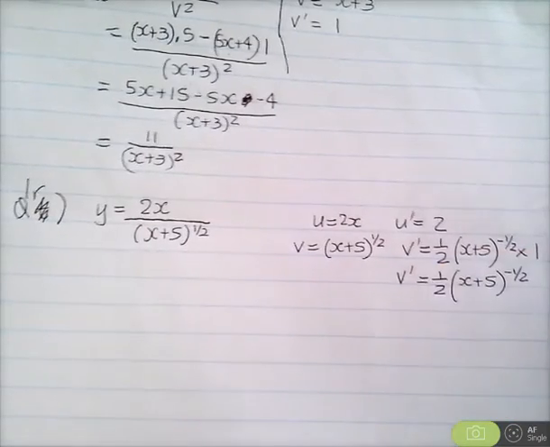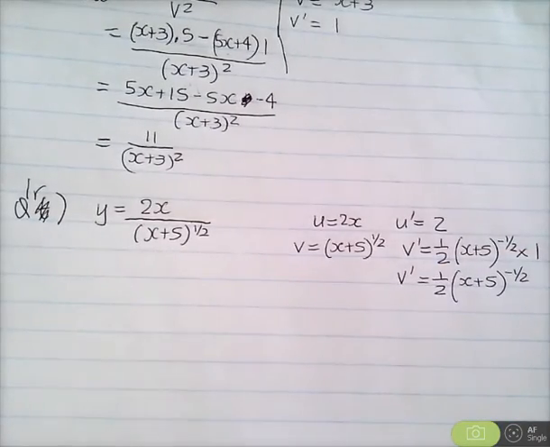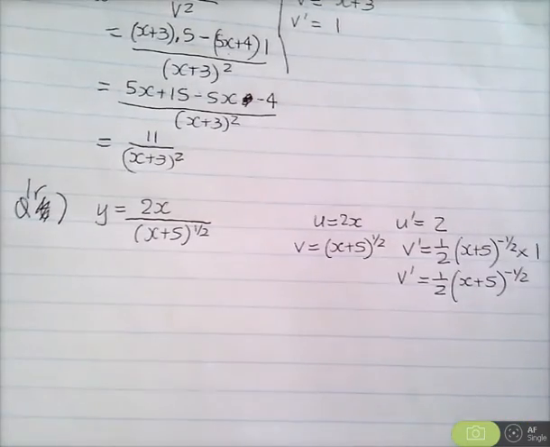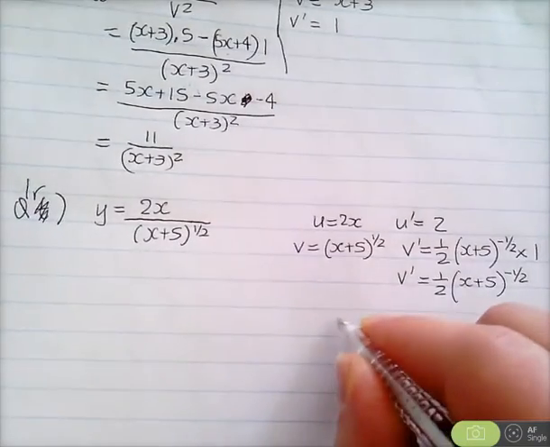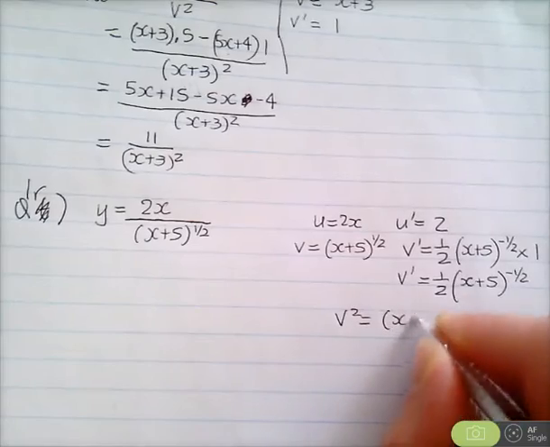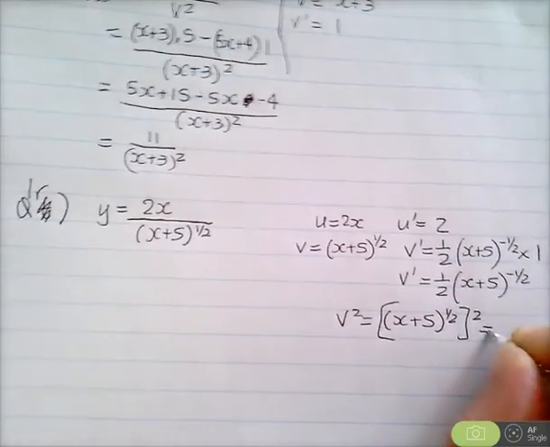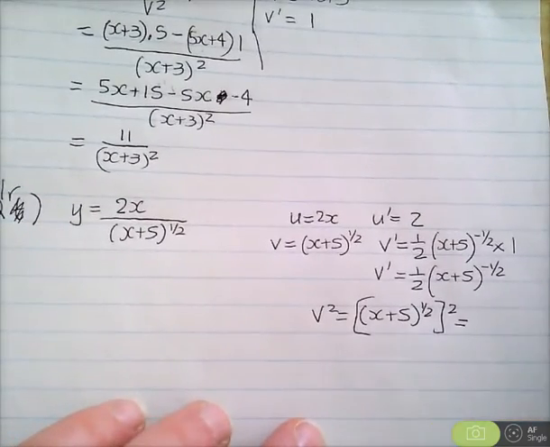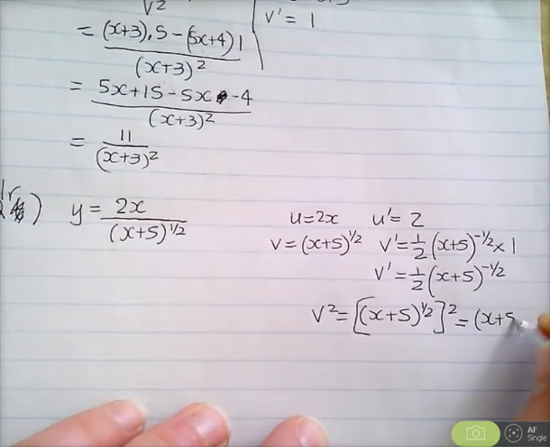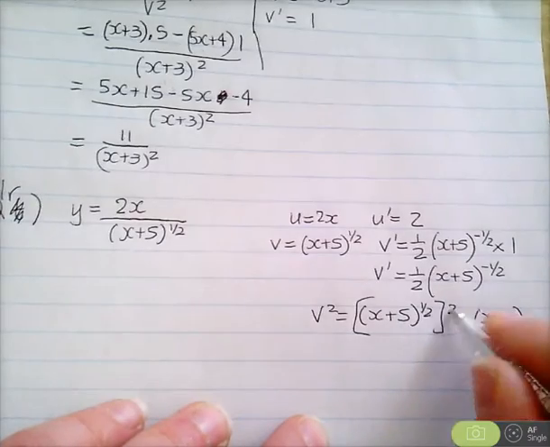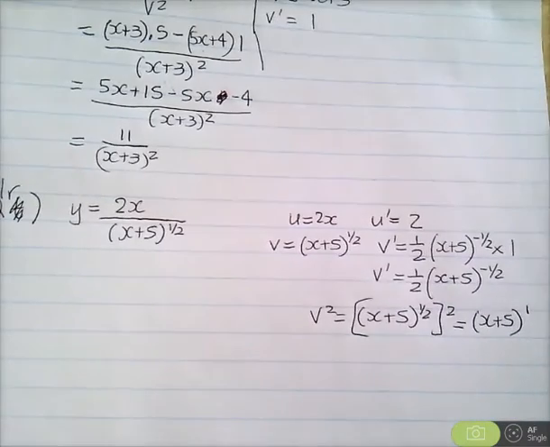Just be careful the way I've written this. Miss, quick question. V squared would just be x plus 5. Yes, so v squared would be x plus 5 to the power of a half squared, which is x plus 5 to the half times 2, to the 1. So it's just x plus 5.